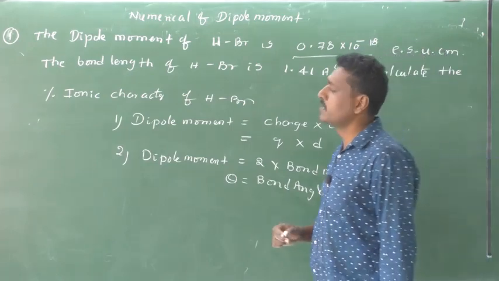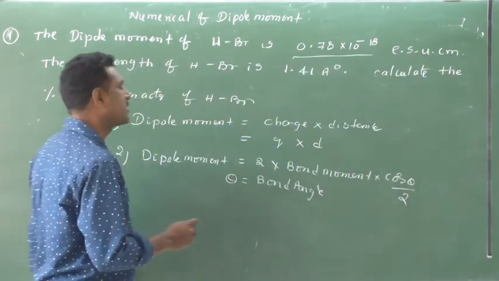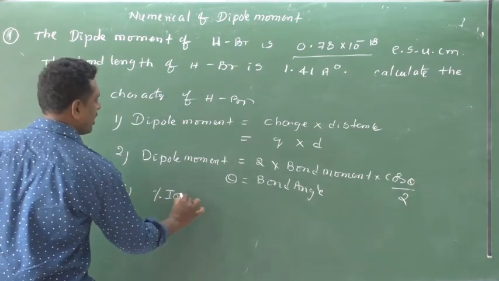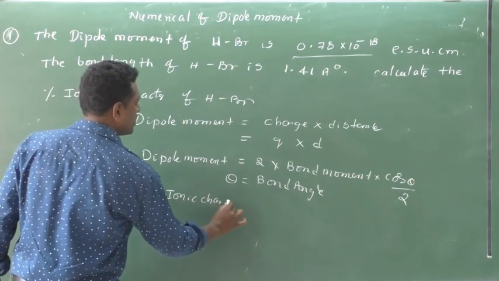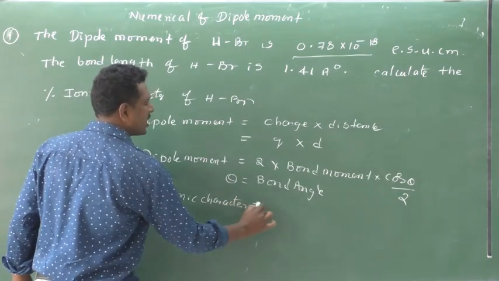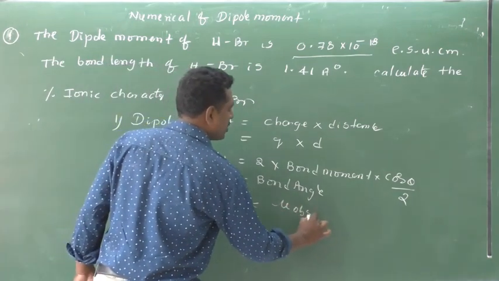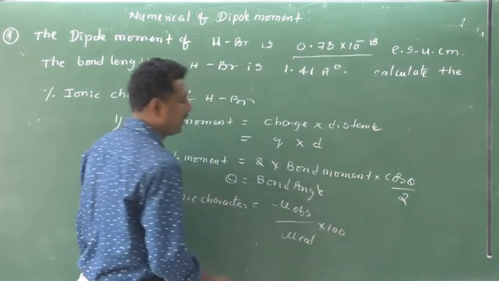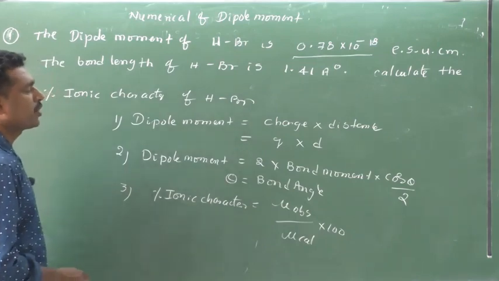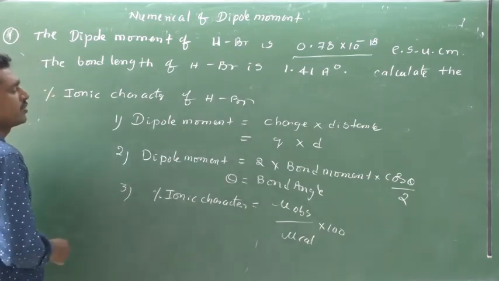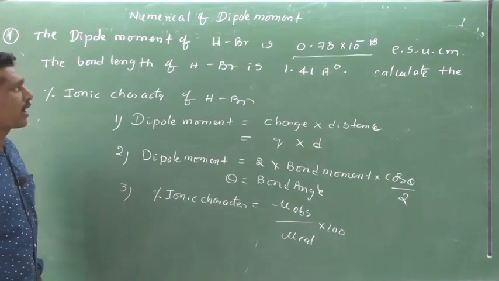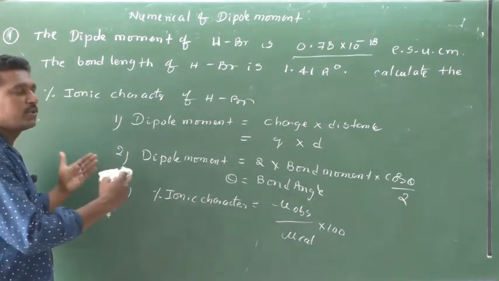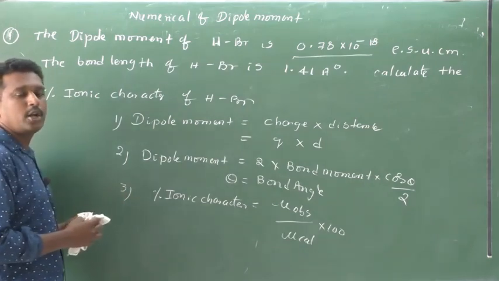One more formula is there, that is percentage ionic character. This percentage ionic character is calculated by mu observed by mu calculated into 100. So based on these formulas we can do the problems of dipole moment.